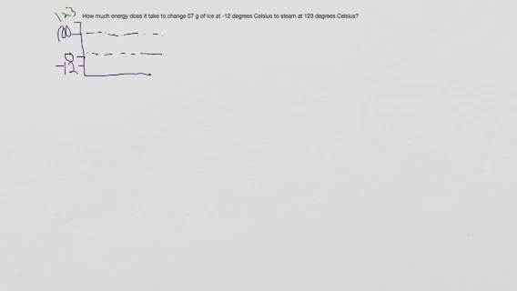Then we draw a diagonal line from the start to the finish, but anytime we cross a dotted line, we have to stop and let the phase change, so you have to flatten out your graph for a while. And then up, and then flat, and then up. So anytime you cross the dotted line, you have to stop and flatten out. So there's 1, 2, 3, 4, 5 different line segments there, so 5 different steps.